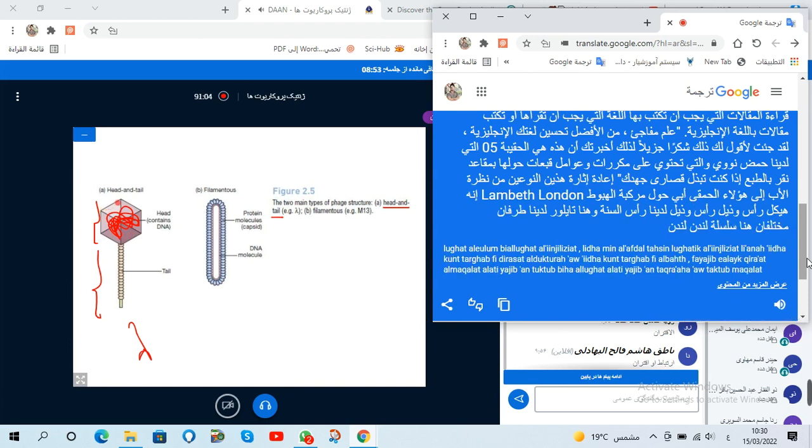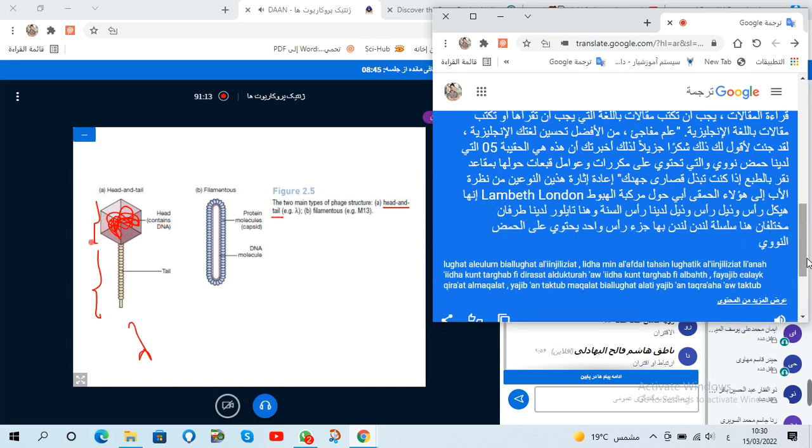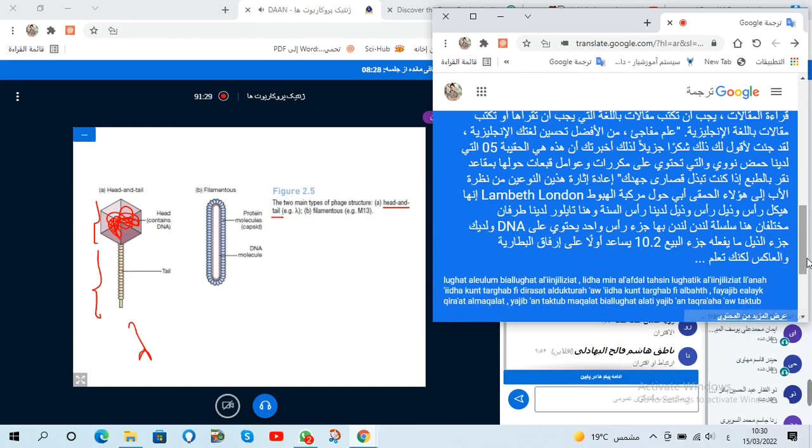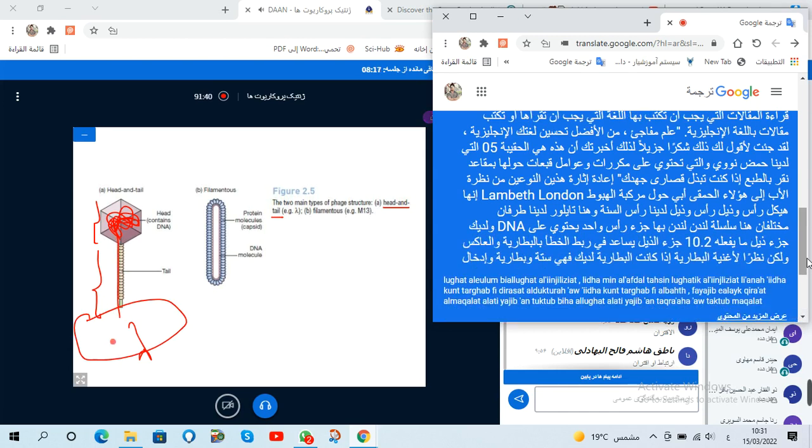Lambda phage has one part, the head part, which contains DNA, and we have the tail part. What does the tail part do? The tail part helps the phage attach to a bacteria and insert the genome into the bacteria. So if here is a bacteria, it sits on the bacteria and inserts the genome in the bacteria.